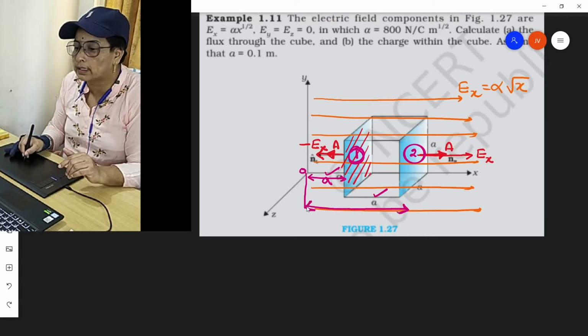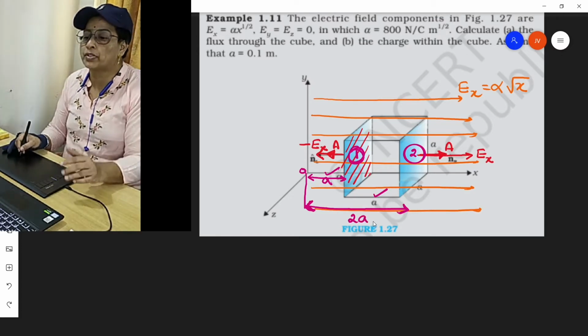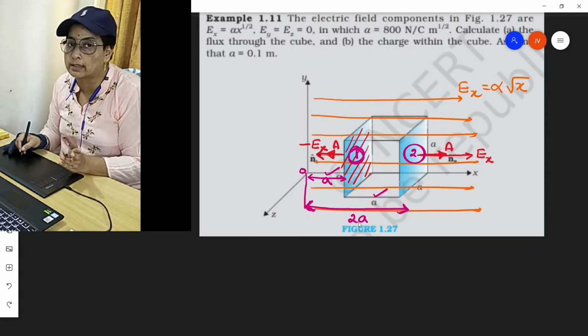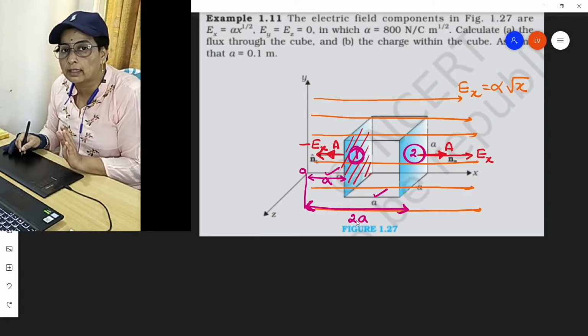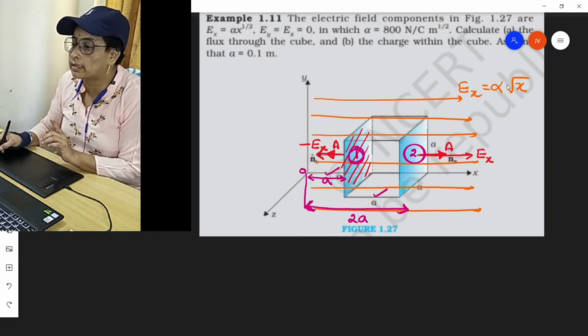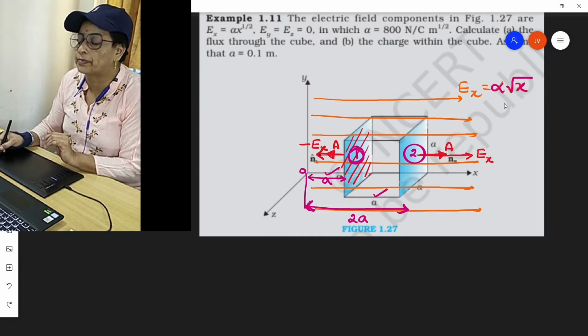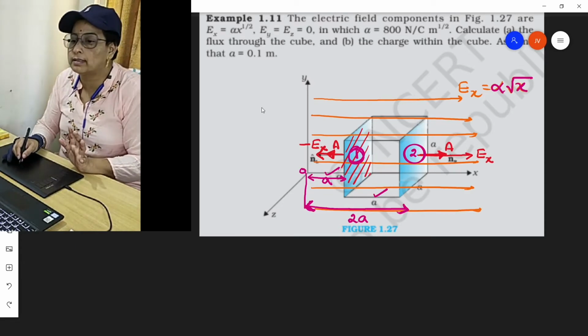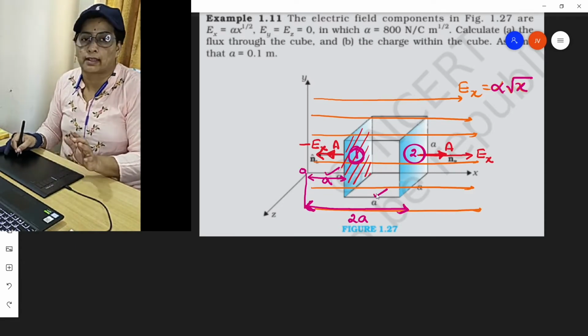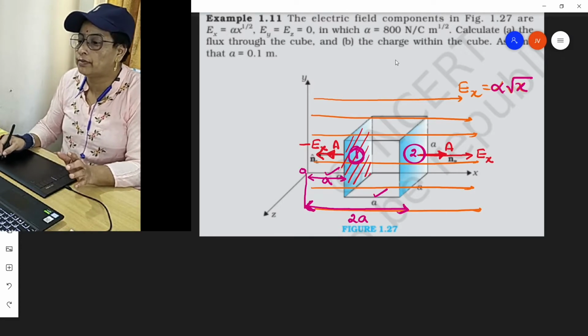So the first face is at a distance a and the second is at twice a distance. Flux is E into A, and here E is given as alpha root x. So x matters. x is the distance on the x-axis, and we will calculate.